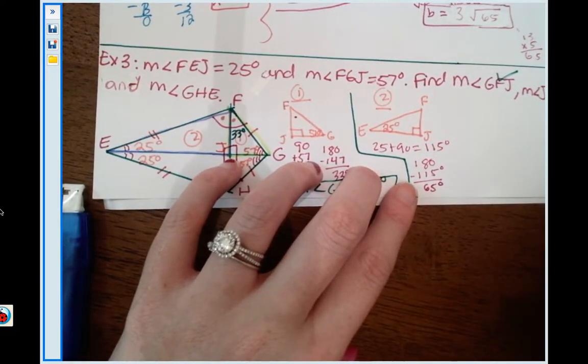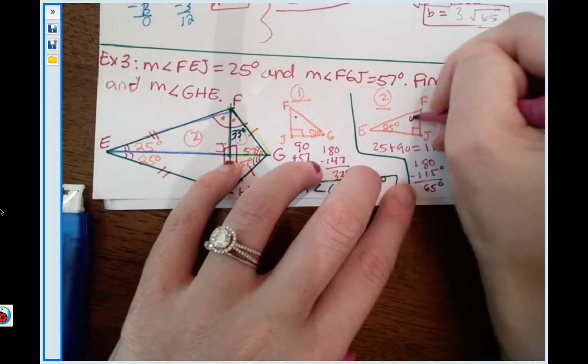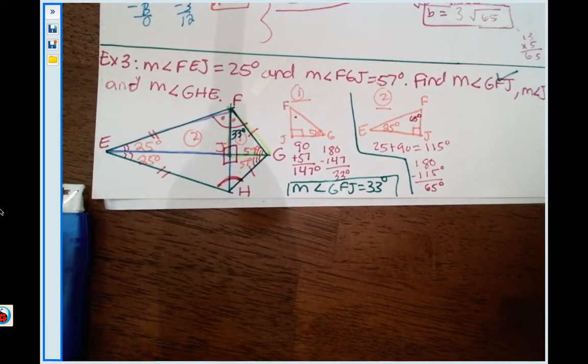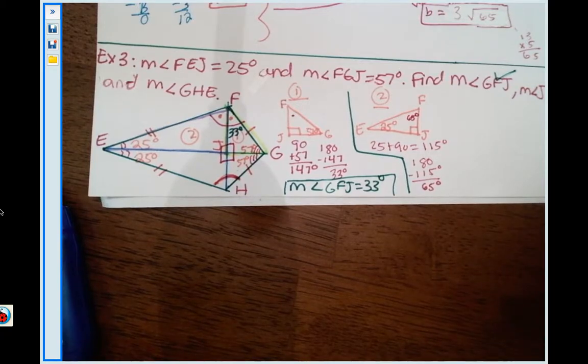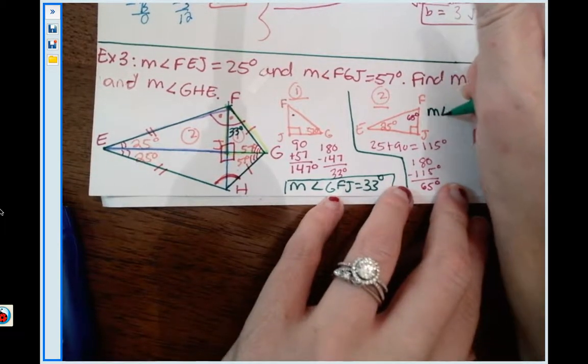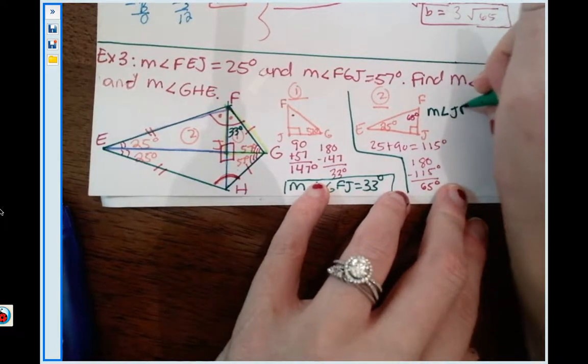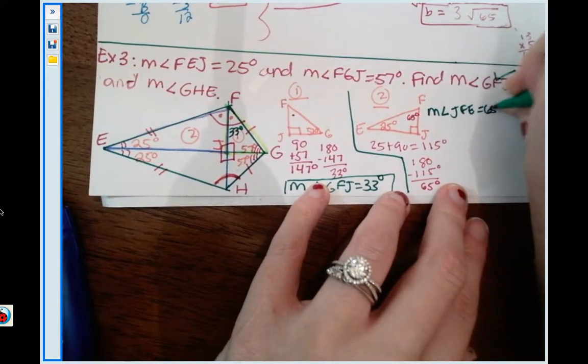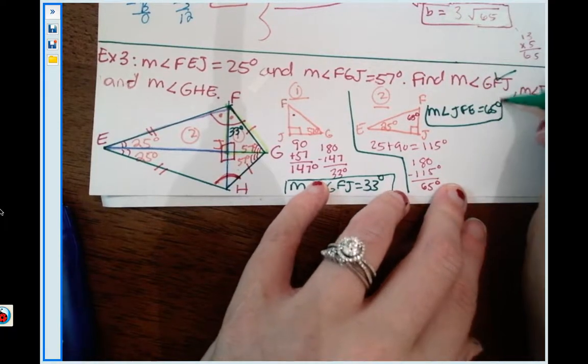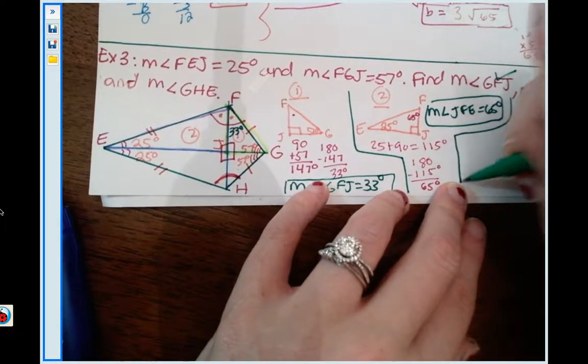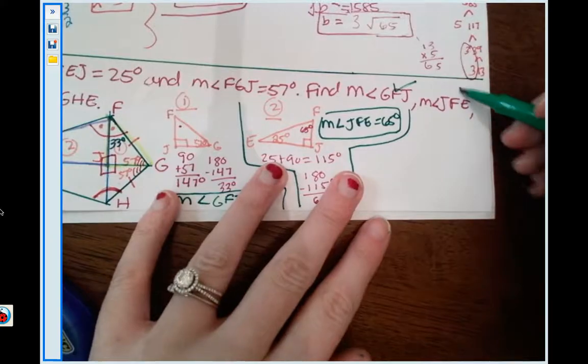Bam, 65 degrees. Yay! So this angle right here, angle JFE, is 65 degrees. So the measure of angle JFE equals 65 degrees. Look at that. Bam. That angle is donezo.